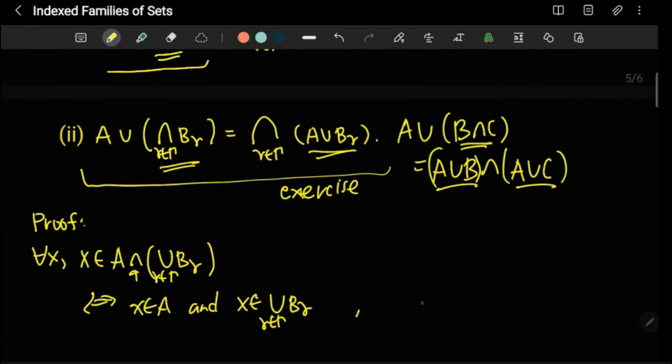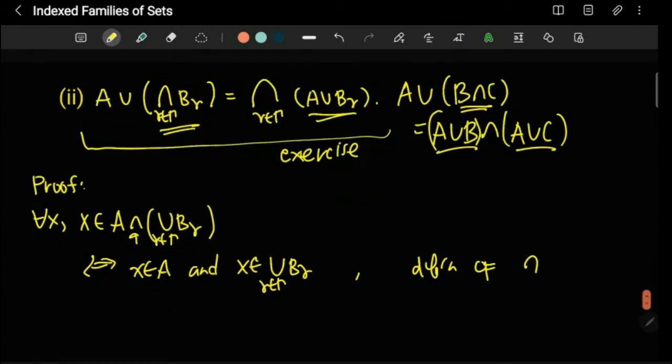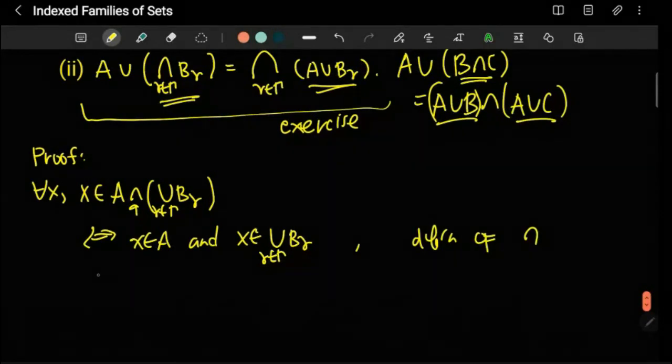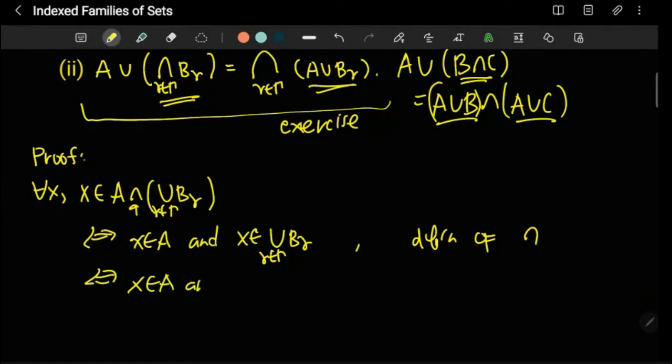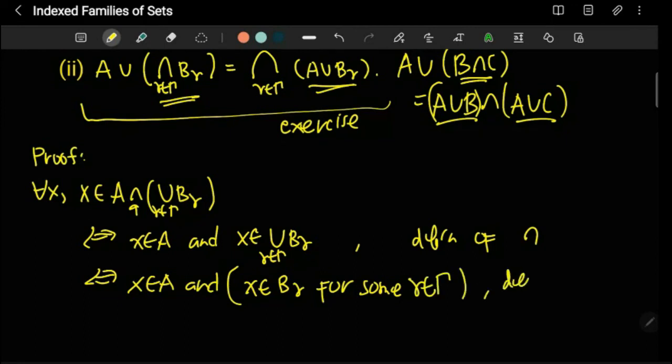That's the definition of intersection. Now, applying the definition of arbitrary union, we have x is in A, and we have the compound statement, x is in B sub gamma for some gamma in the indexing set. So that's the definition of arbitrary union.